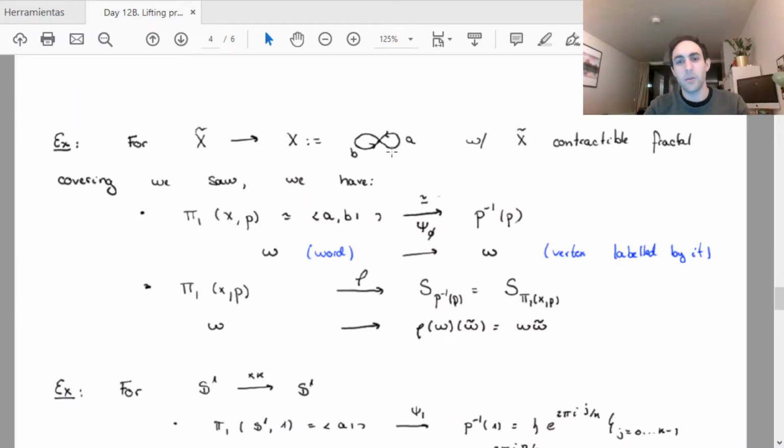We saw it in the previous lecture. It was the covering space of X which was contractible, right? You start at a vertex that you call P0, or we just label it as the empty word.